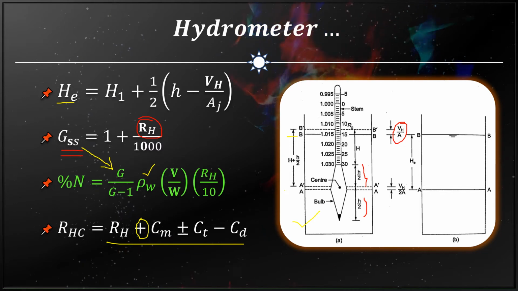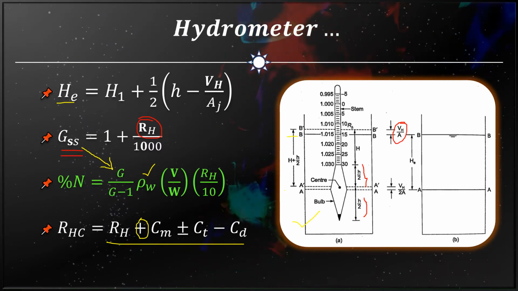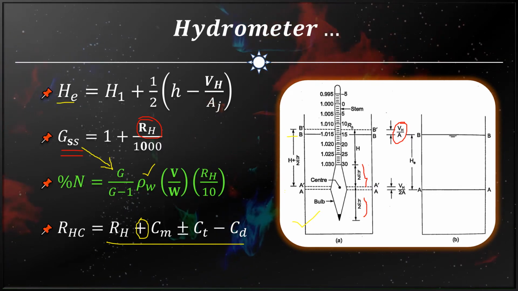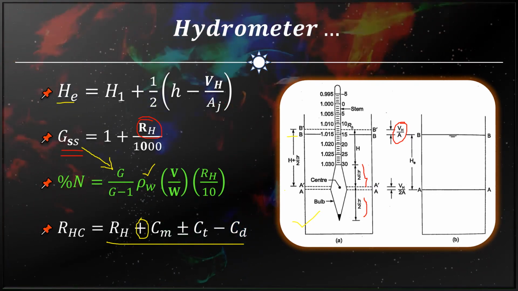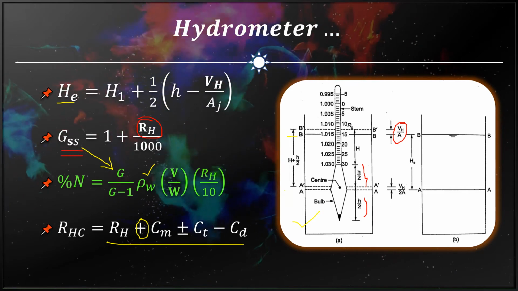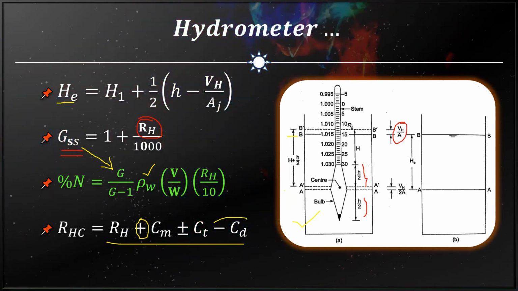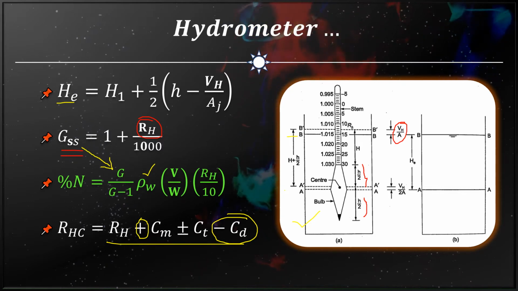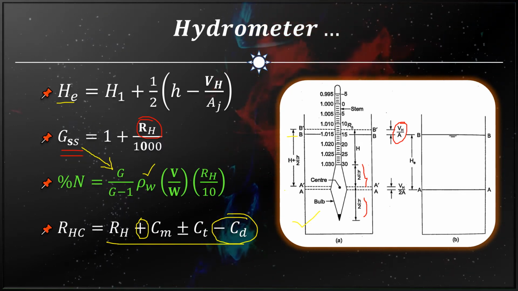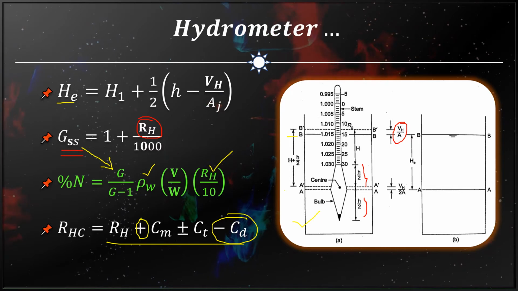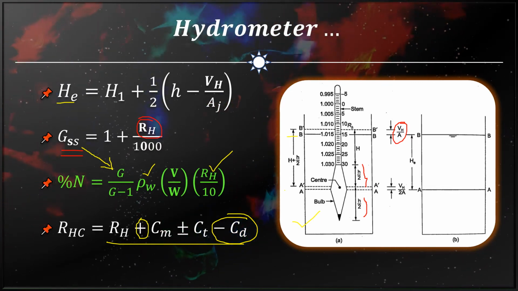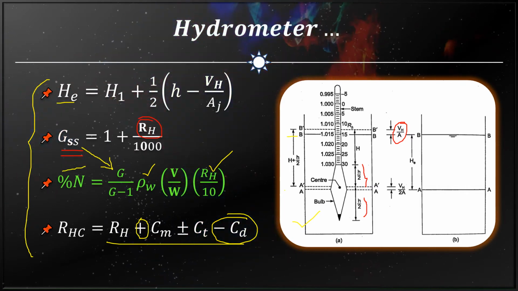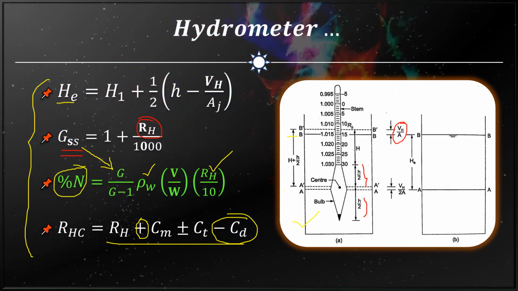If the test temperature is above the standard temperature, then it will be added, and if it is below, then it will be subtracted. So accordingly we have to change the sign. And minus Cd, the dispersion correction, is always negative. So by applying this much correction, we can get the corrected hydrometer reading. These four formulas are regarding the hydrometer, so that we can get the value or answer for percentage N, that is percentage finer.